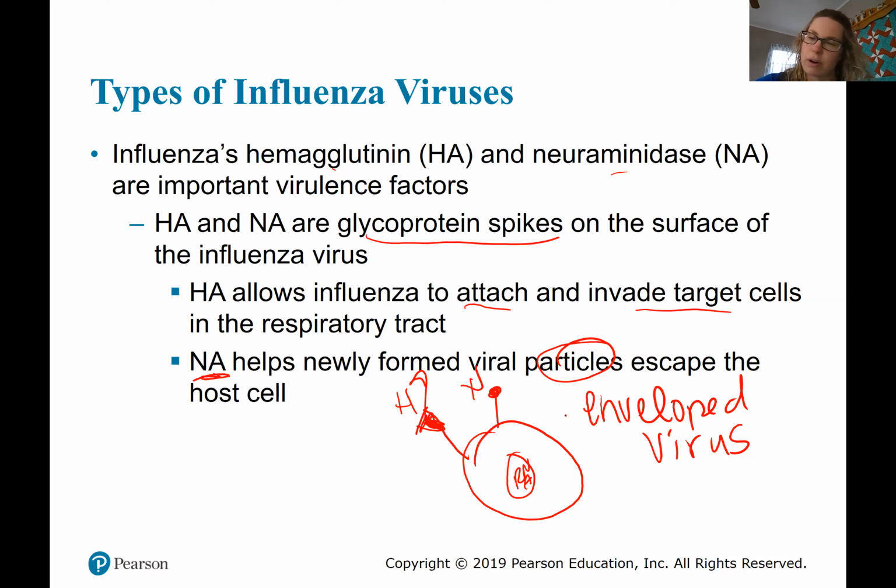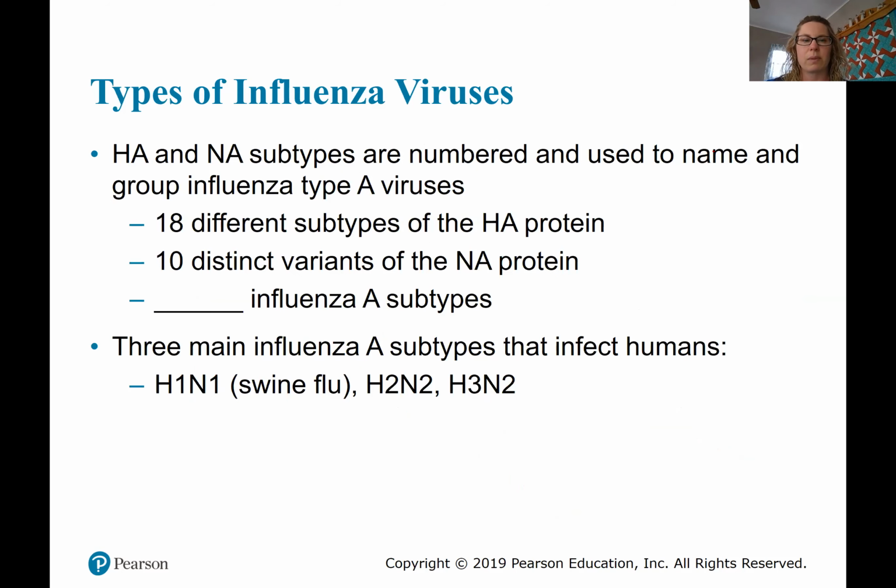So you may have heard of H1N1 and H5N1 and different letter and number combinations. That's based on what number of the hemagglutinin and neuraminidase protein spikes that particular type of virus has. Okay, so those spikes are what we use to name the viruses within a type A.